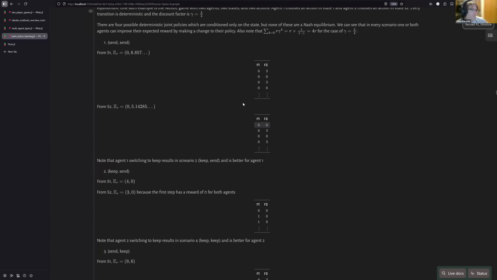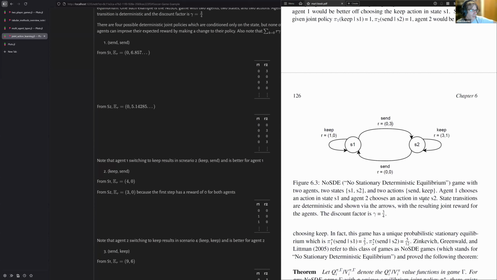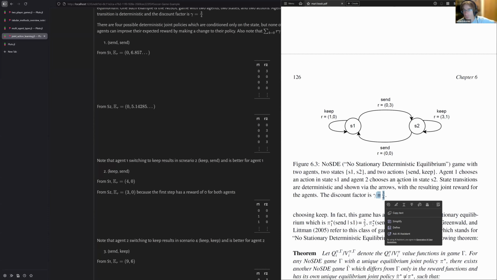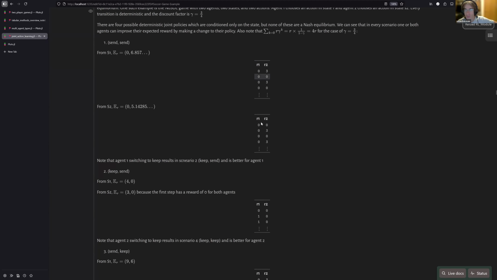repeating forever. And we can calculate the discounted value here. The book says the authors selected this discount rate of 3/4 in this case. So this will produce this infinite sum of rewards, right? For agent 1, it's just a reward of 0. And for agent 2, it's going to be 3 plus 0 plus 3 times gamma squared plus 0 plus 3 times gamma to the 4th, etc. And that just produces this value.